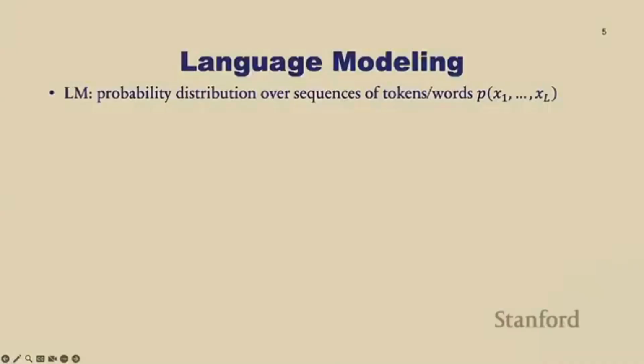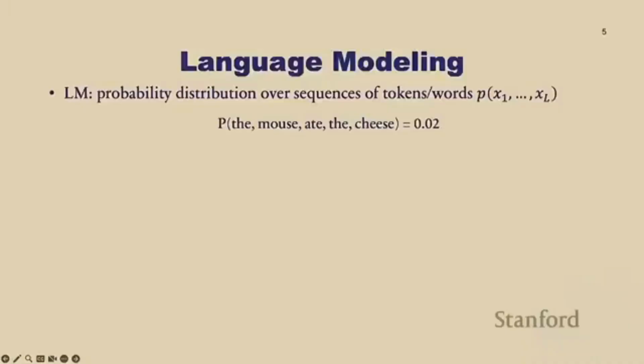Language models at a high level are simply models of a probability distribution over sequences of tokens or words. So it's basically some model of P(x1, ..., xL), where x1 is word 1 and xL is the last word in the sequence or in the sentence.